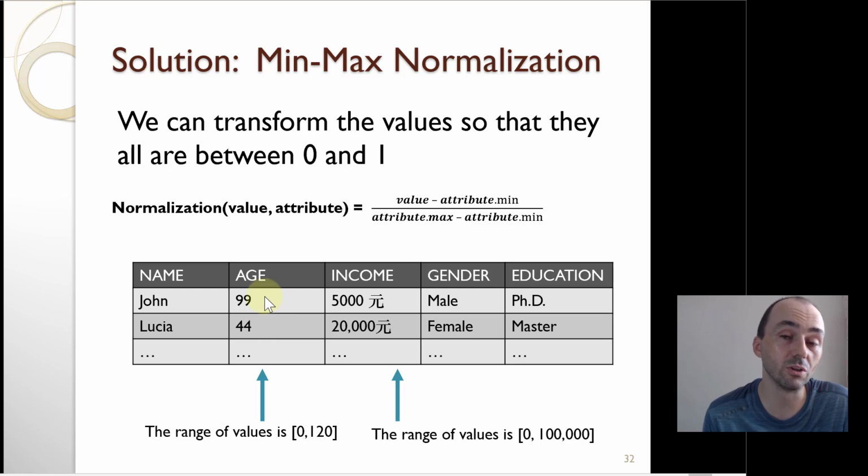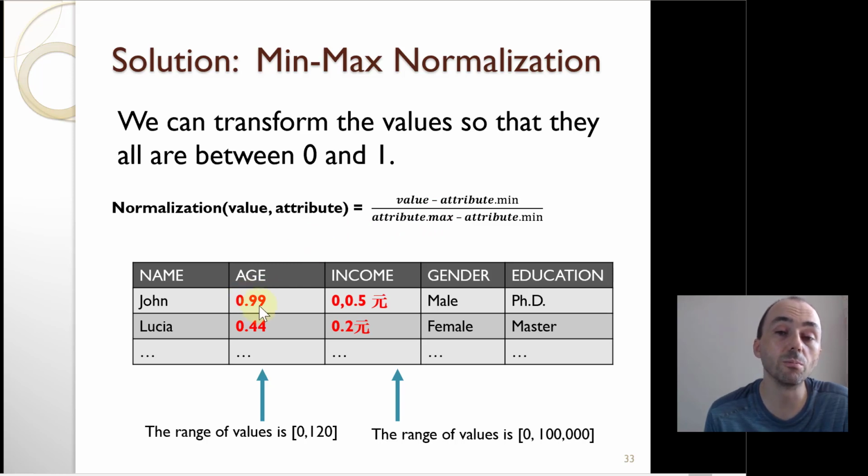So let me show you. It is very simple. Okay. So here, let's say we take the age of John. So it will be 99 minus the minimum 0 divided by the maximum 120 minus 0. Okay, so let's see what's the result.